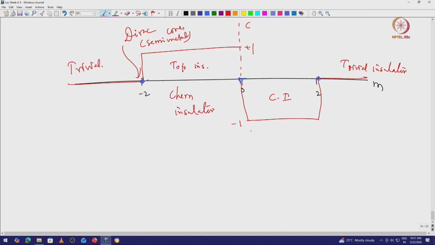And that transition also happens through a semi metal Dirac cone. So, the band again has to invert, from one inverted case to another inverted case. Then it becomes trivial again with the band inversion happening here. So, every band inversion requires a band gap closing at a single Dirac point.